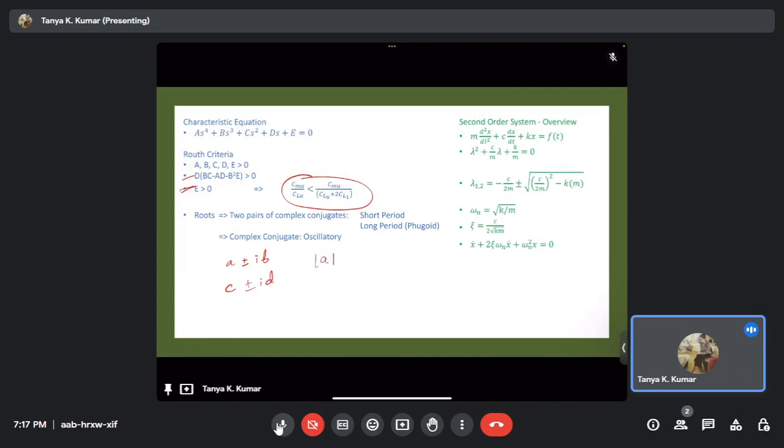Now, if the magnitude of a is greater than the magnitude of c, which pair of roots corresponds to the short period, and which pair corresponds to the long period?